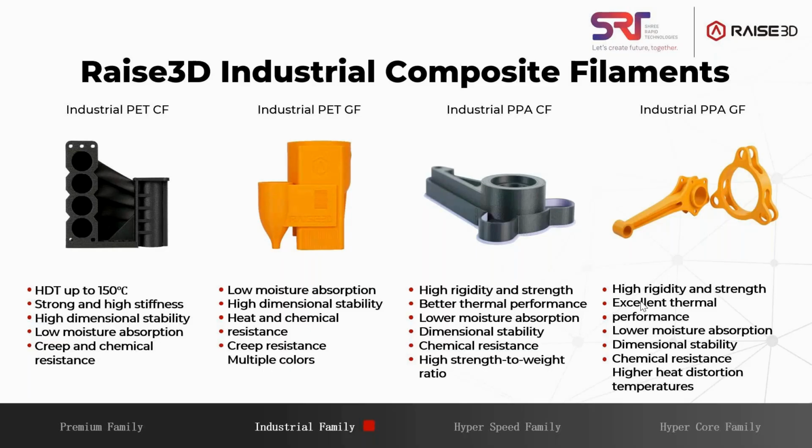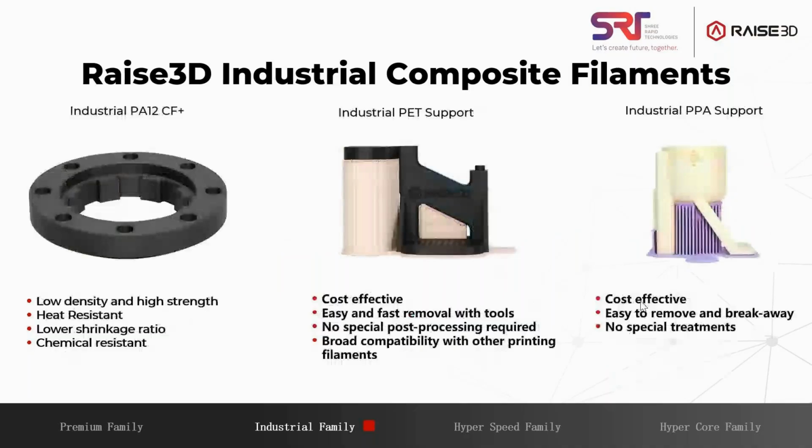If you see some of the properties, you'll find some common things that they have: a high strength to weight ratio, high heat, they can sustain high temperatures, they are chemically resistant, and resistant to corrosion. We also have PA12CF and the supporting material in the form of PET support and PPA support. We'll talk about these supporting materials later on.